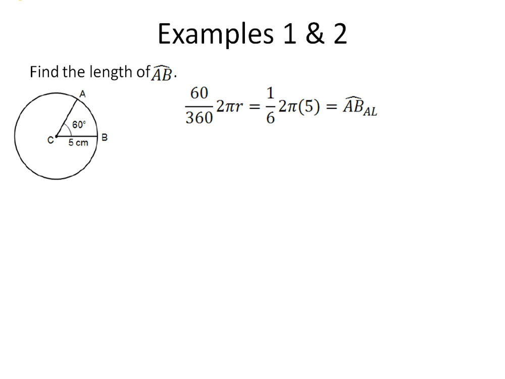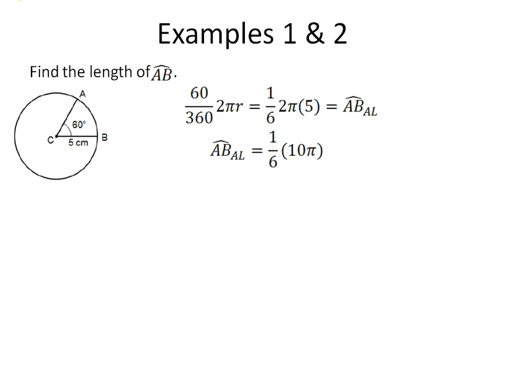So we're simply going to plug it into our formula, which said that you take the angle of the arc section or the sector, put it over 360, which is the whole circle, so 60 over 360 times the circumference, which is 2 pi r, equals 1 over 6 times 2 pi times 5, which is equal to the arc length of arc AB.